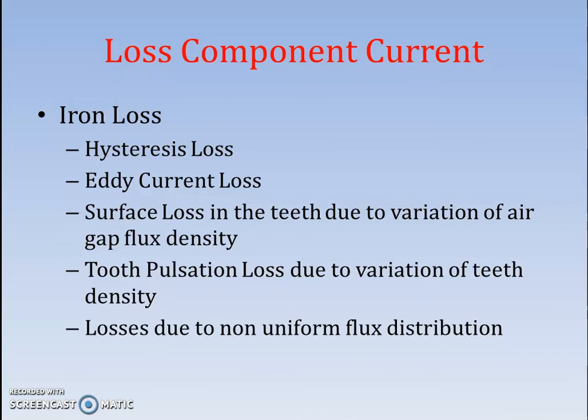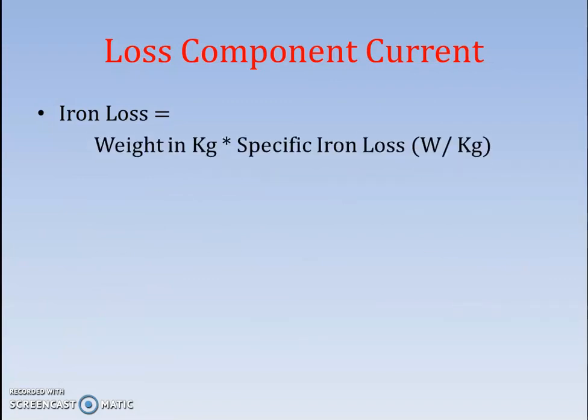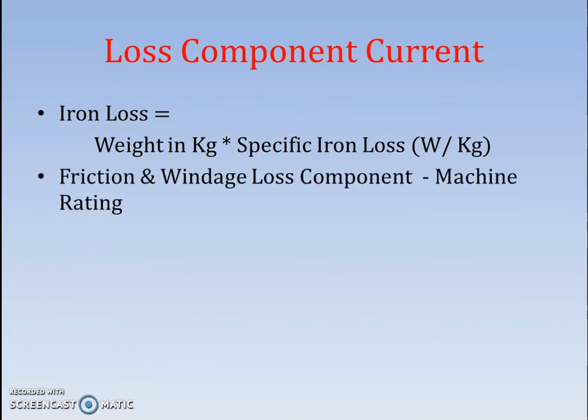So we have total iron loss, but to calculate the total iron loss, we consider the total weight in kilograms, and we find from the graph the specific iron loss, that is watt per kg, and this way we calculate the total iron loss. In the same way we have friction and windage loss, which depends on the rating of the machine.